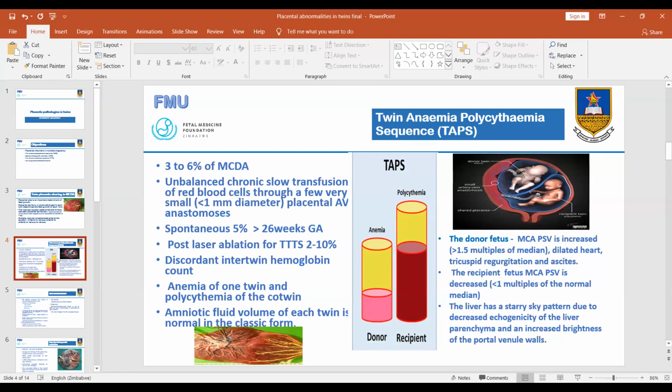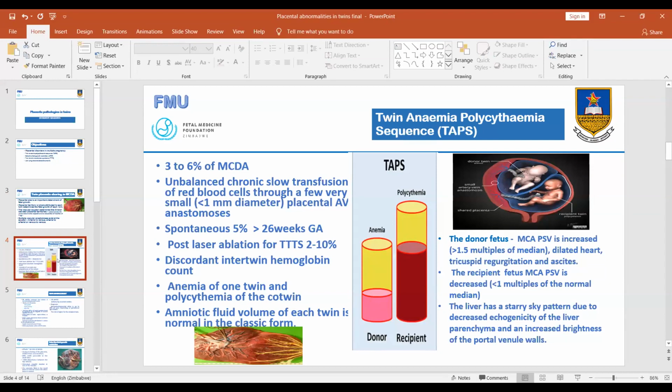The different fetal-fetal transfusion disorders that arise from the connections seen at the vascular equator include twin anemia polycythemia sequence and twin-to-twin transfusion syndrome, and I'm going to start off by looking at twin anemia polycythemia sequence.